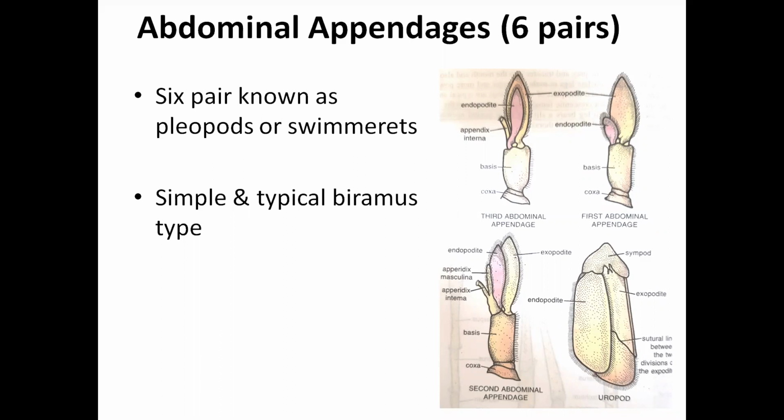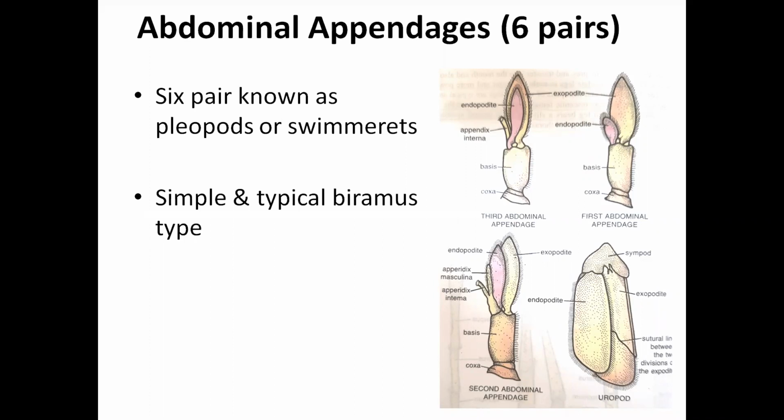So today I'm going to discuss those morphological characters present in the prawn on the basis of which we can differentiate the species, or we can simply say that we are going to talk about the external features which have taxonomic value.